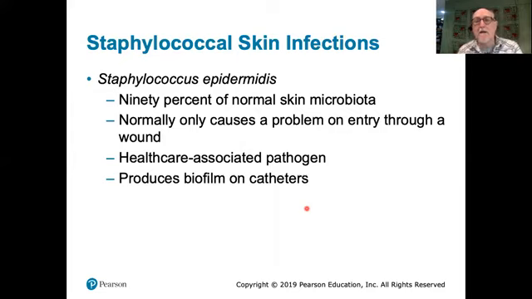And its main interest in clinical microbiology is that it is a very, very common cause of health-associated infections, nosocomial infections. And one reason for that is that it is one of the organisms which can produce a biofilm.